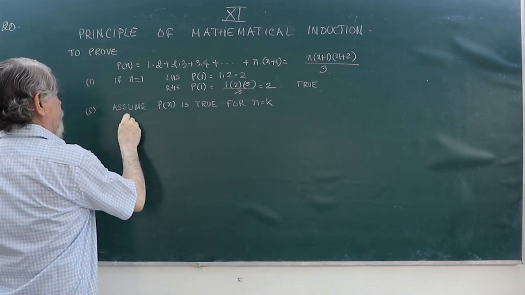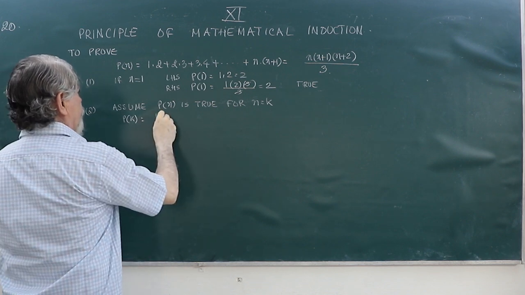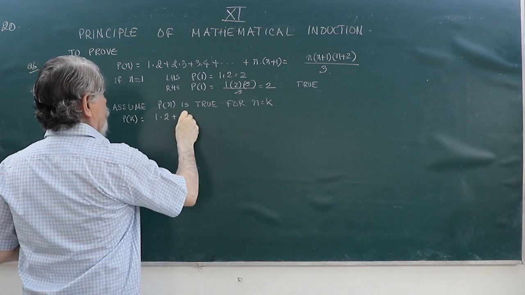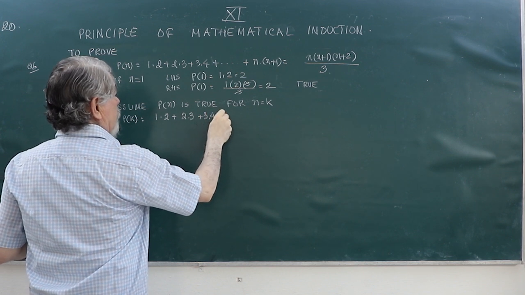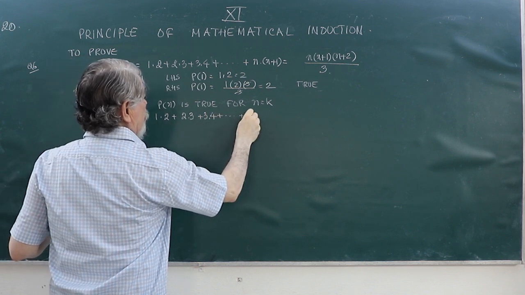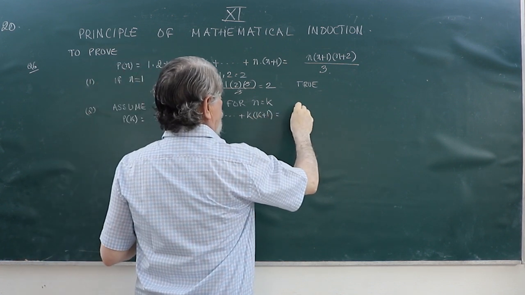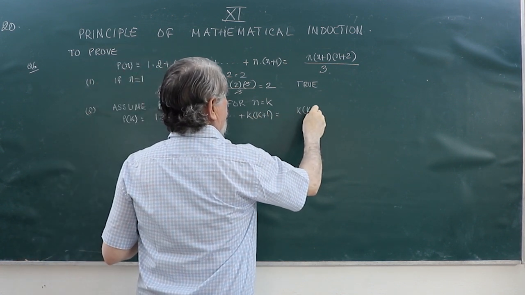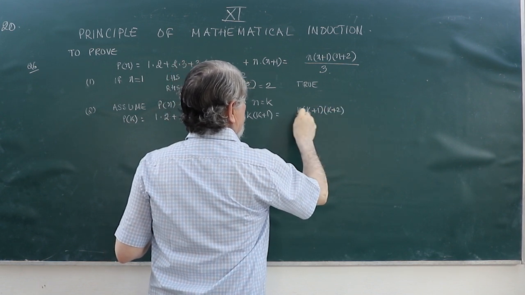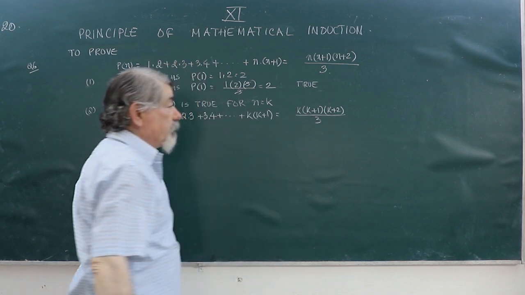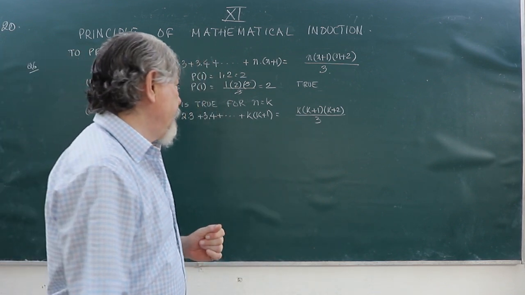So Pk would be equal to 1 into 2 plus 2 into 3 plus 3 into 4, and so on, k into k plus 1 is equal to k into k plus 1 into k plus 2 upon 3. Now this is an important statement because we will be using it in the next step.